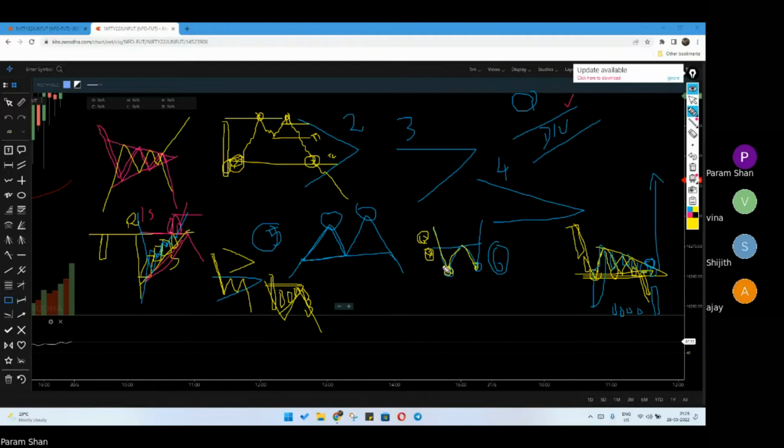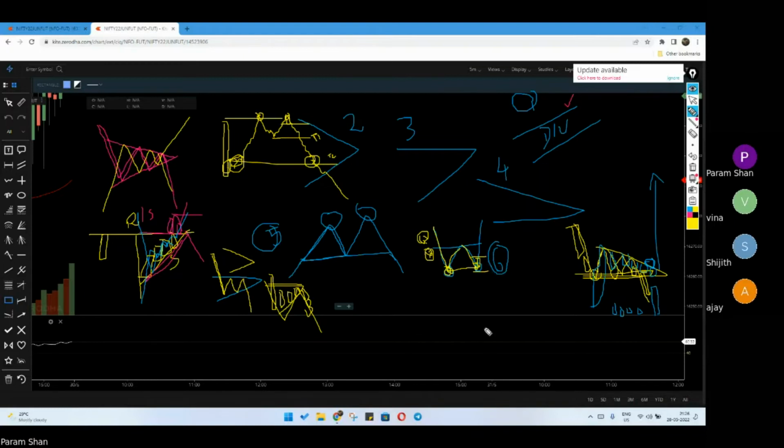Let us assume a distance of 50 paise to 1 rupee, plus or minus, can be seen. When it is touching the bottom, again it will start going up. The first candle forming here with volume is what matters to us. Breaking out, we can consider as an entry, and stop loss would be the low of that.